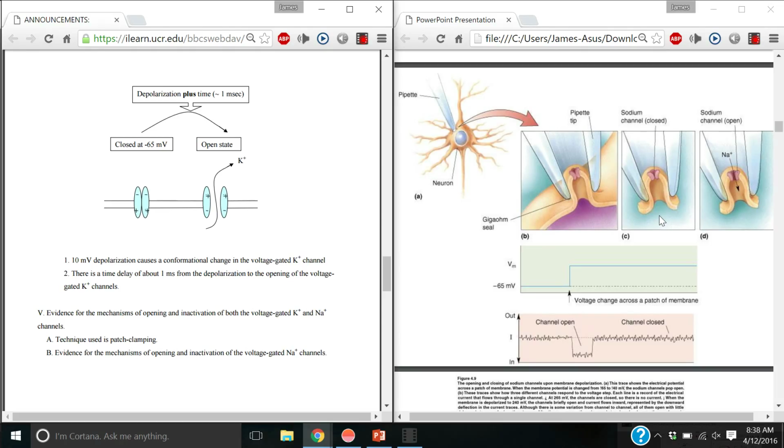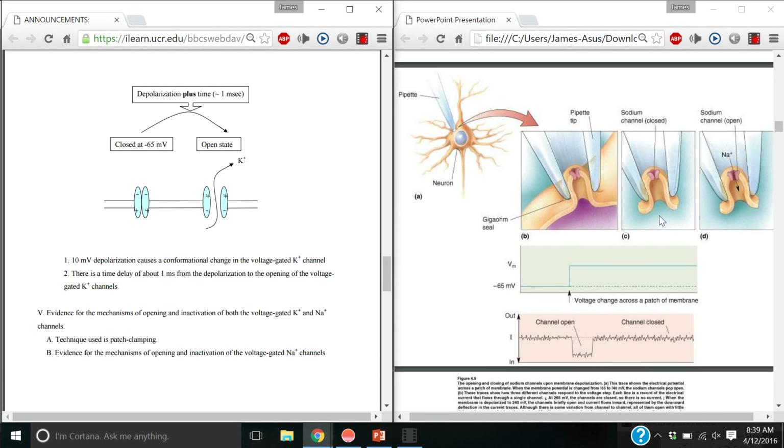So minus 65 here, then a depolarizing voltage, and you hold it at a particular level, that is, you clamp the voltage at a certain level. So this is the patch, and that's the clamp, patch clamp. And then you observe the effect of that clamped depolarization on current flow through the single channel.